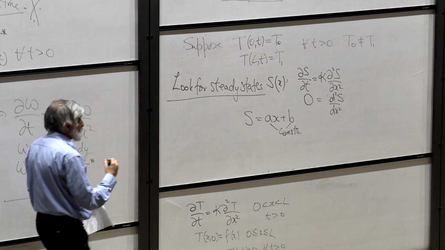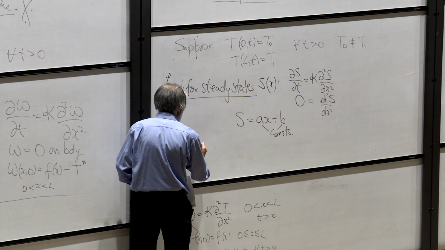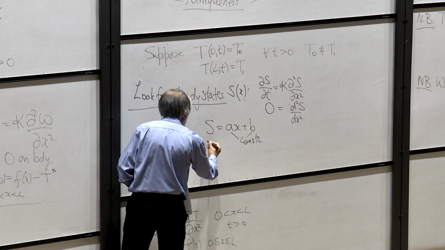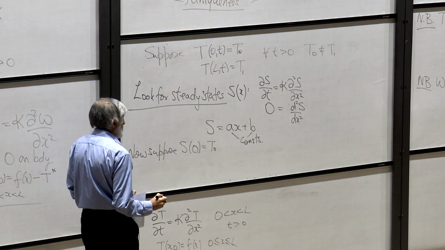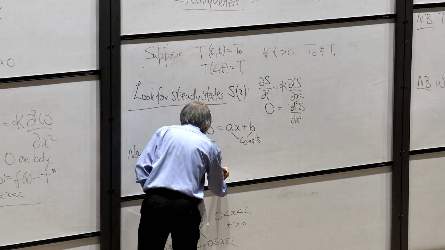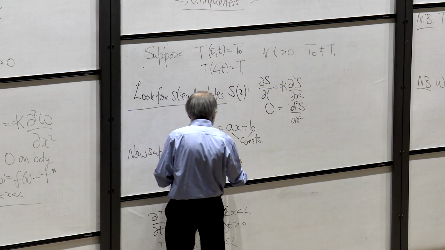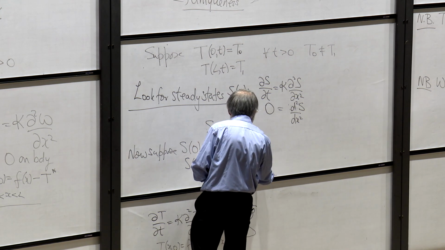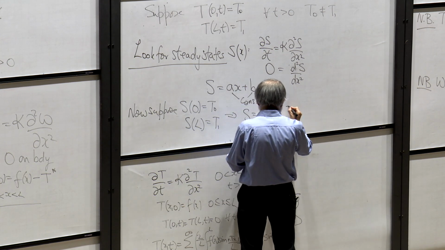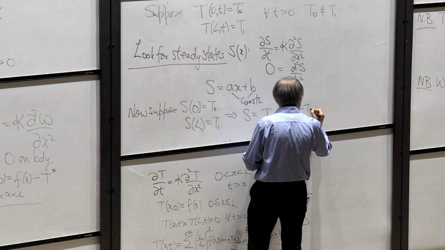And now suppose S at x equals 0 is T naught, S at x equals L is T1, then if you do a bit of algebra, you get S must be T naught plus T1 minus T naught over L times x.